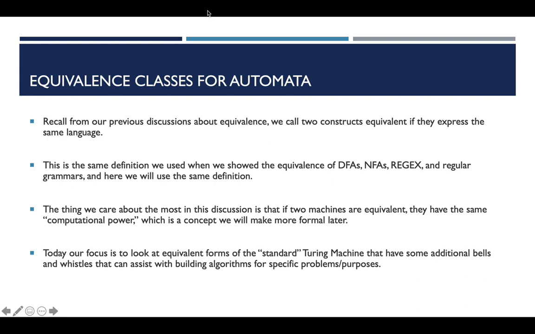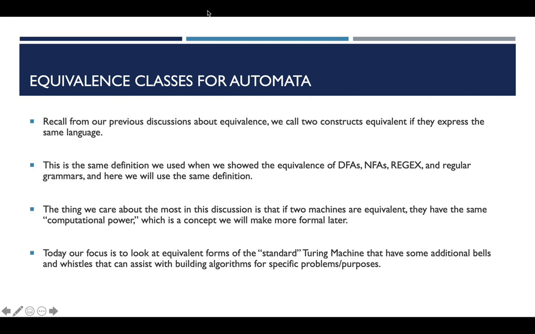But all of these definitions of a Turing machine have the same computational power. By adding these additional bells and whistles, you're not allowing a new machine to do more computations or solve more problems than the original standard Turing machine. What you're effectively doing is arriving at a definition that allows you to more easily communicate your algorithm.